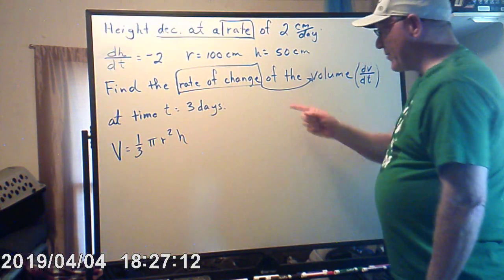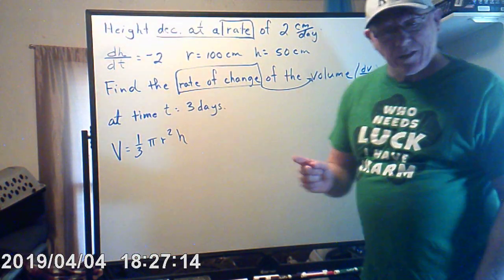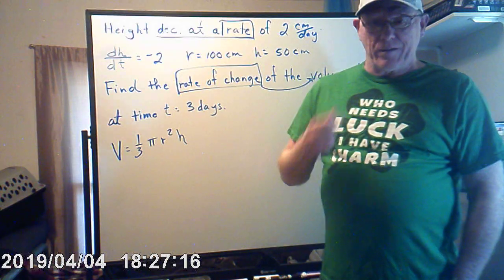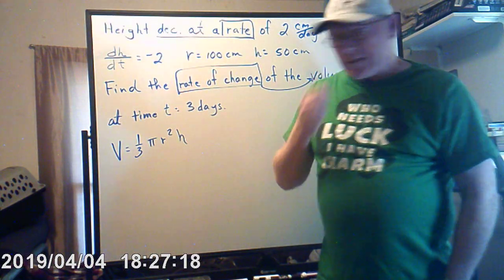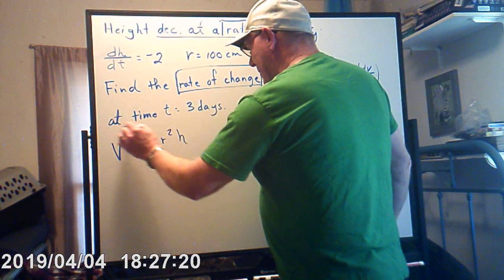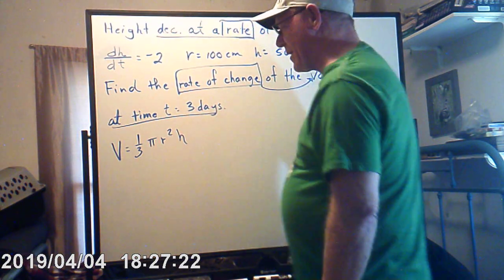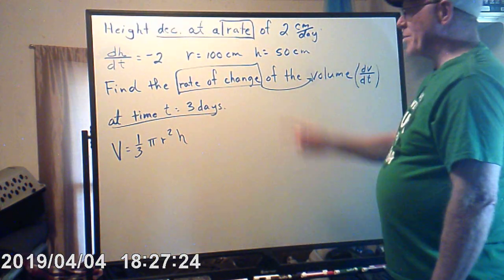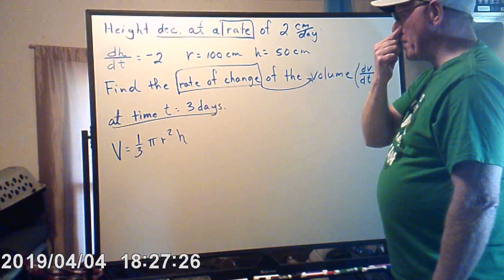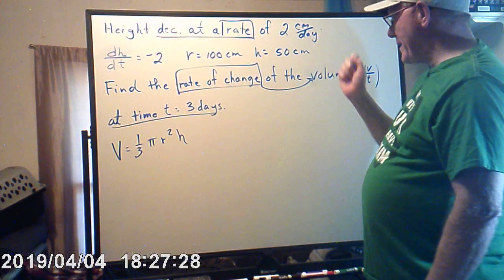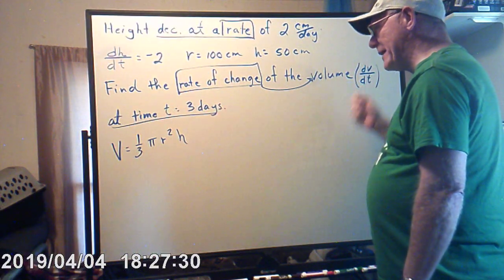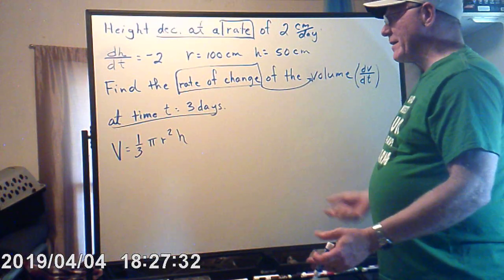All right, we have something missing here, but I'm going to show you in just a minute where we're going to find the missing part. This is important right here at time t equals 3 days. And what part have we not found yet? What part do we not know? If we're looking for dV over dt, what part are we missing here?